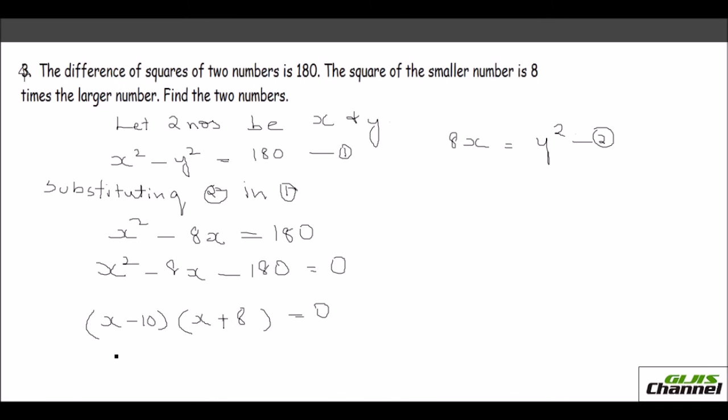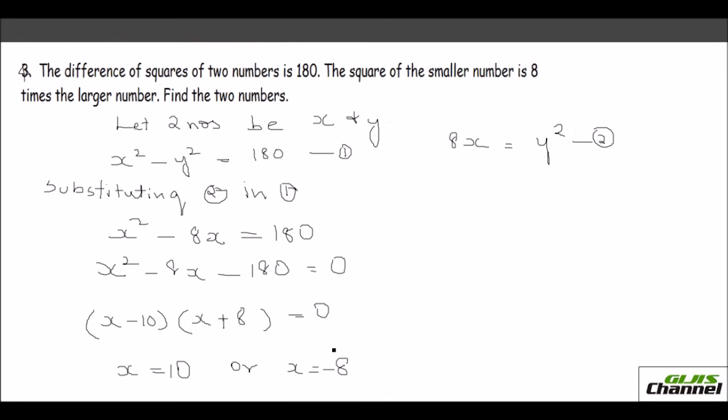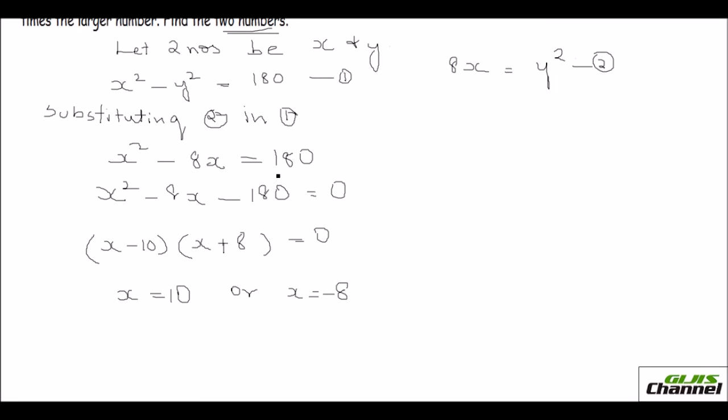Equate the factors to 0, so you get x equals 10 or x equals minus 8. You have got two values for x. You need to find two numbers, not just one. Since it is a number, they didn't say whether it is positive or negative, so it can be plus or minus.